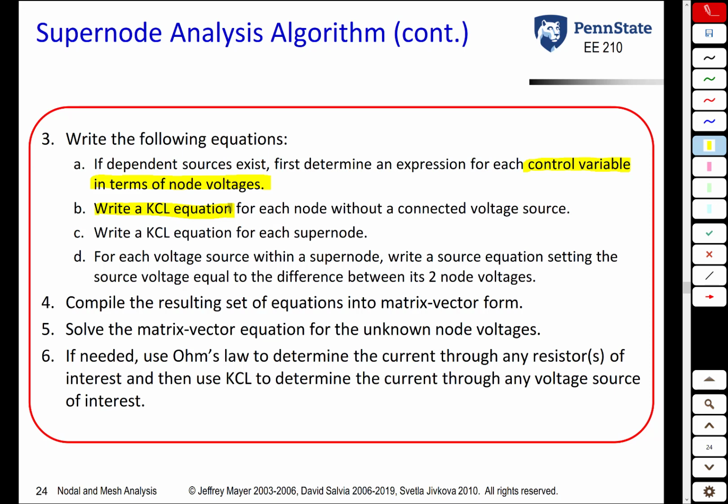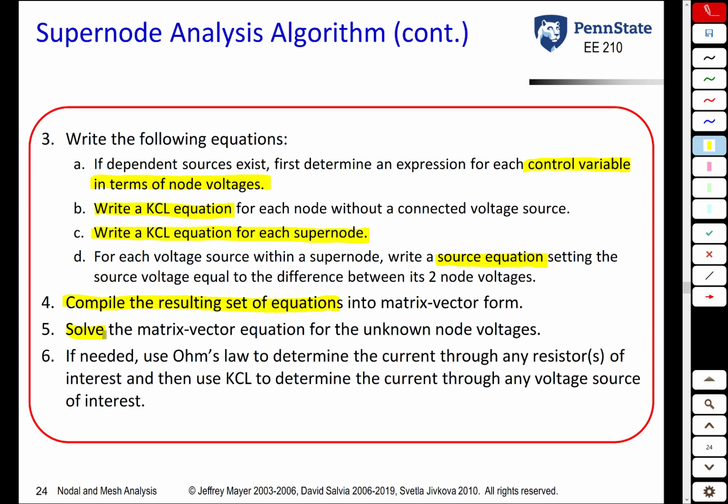Then for every supernode, you write a KCL equation. Finally, for every supernode, you also write a source equation. You're going to end up with n equations and n unknowns. The n unknowns are these unknown node voltages, V1, V2, V3, etc. So you compile the equations, and then you solve it.